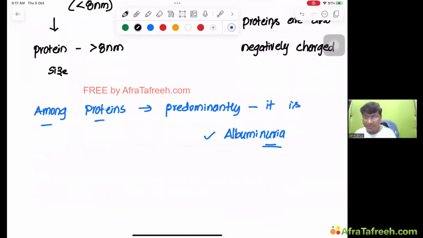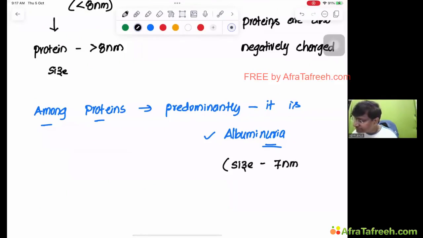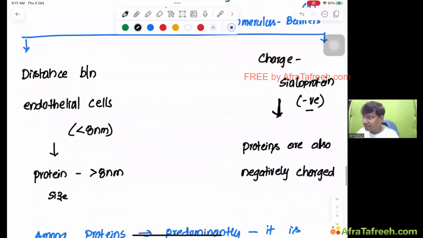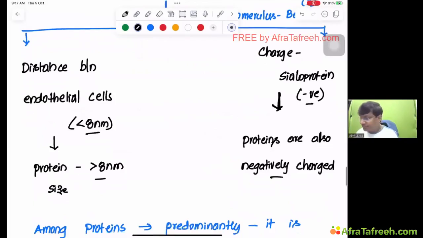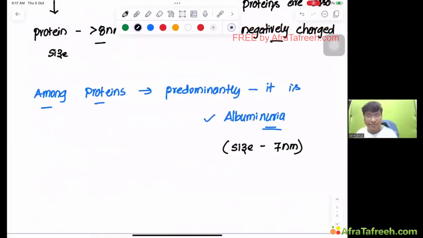Very good, Kamalanathan, right? Very good. So the size of the albumin is 7 nanometers. The molecular size is only 7 nanometers, right? But we have two barriers. One is the size, the other one is charge. So the distance between endothelial cells is less than 8 nanometers, but the size of the albumin is only 7 nanometers.